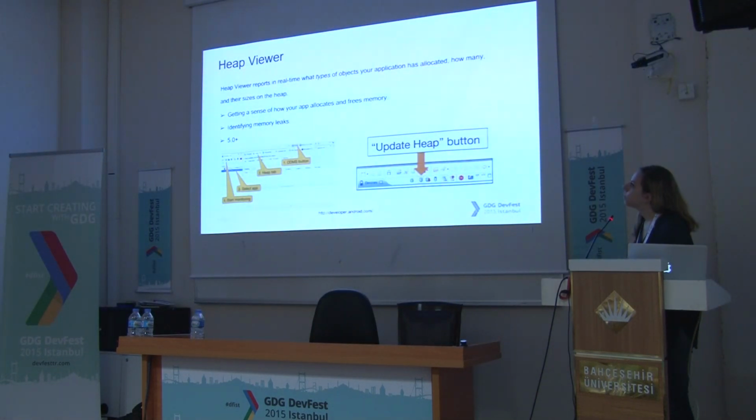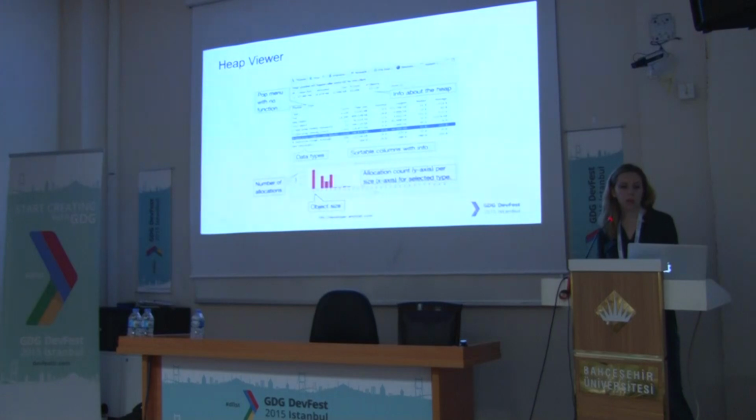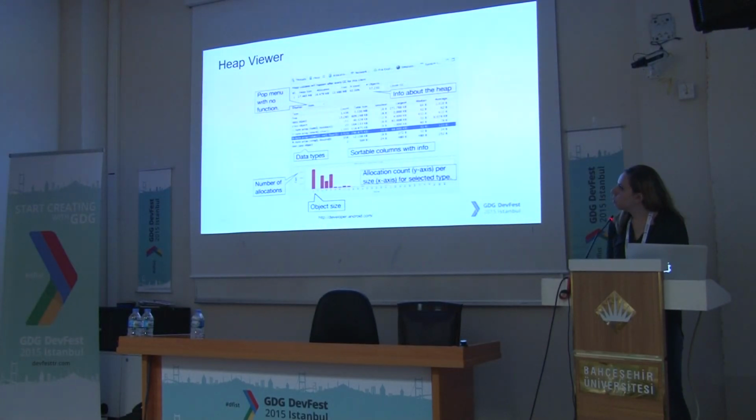Okay, we know that there is a problem, and we don't know where it is. Then we can use the heap viewer. The heap viewer output will be like this. There are methods that are allocated on your system.